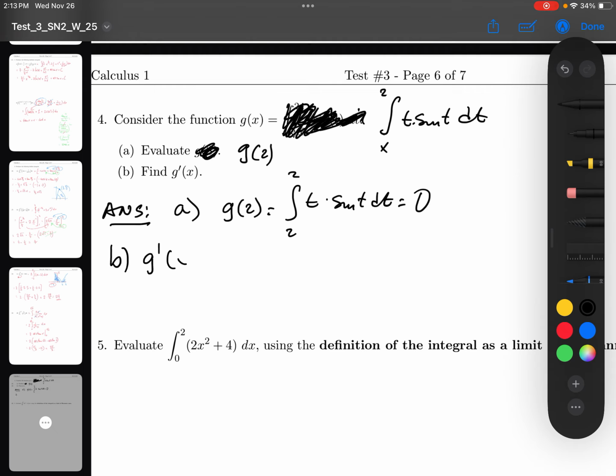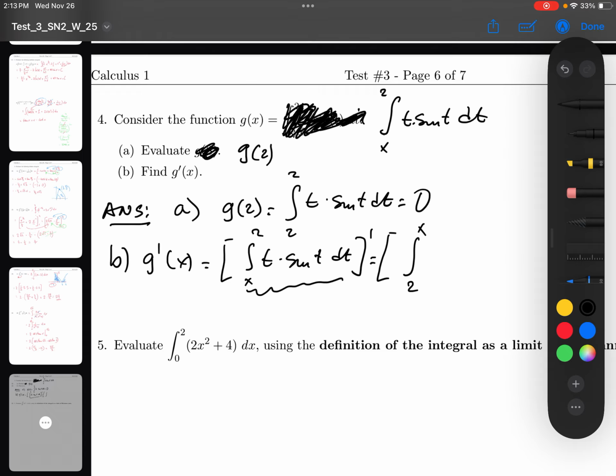Part B, g prime of x is equal to the derivative of the integral from x to 2 of t times sine of t dt. Obviously, all we have to do is use the fundamental theorem of calculus. In order to do so, I need to adjust this integral. How am I going to do that? By flipping the order of integration. So from 2 to x, that comes with the price.